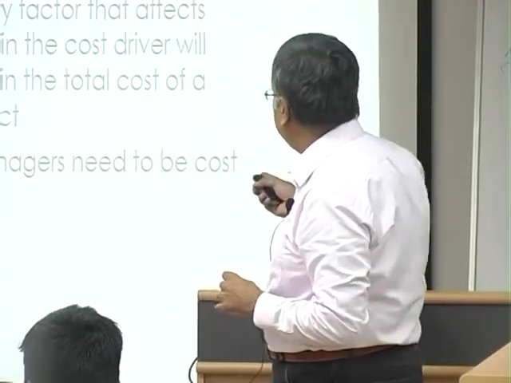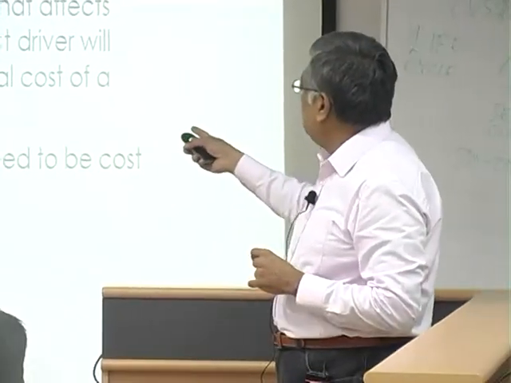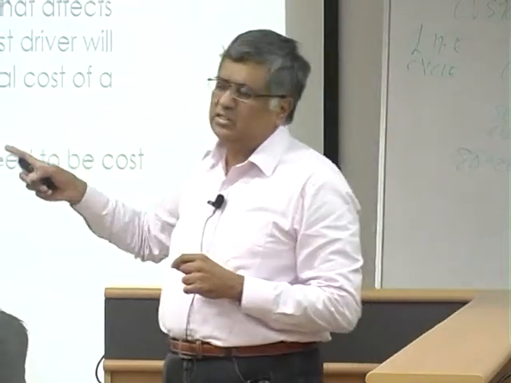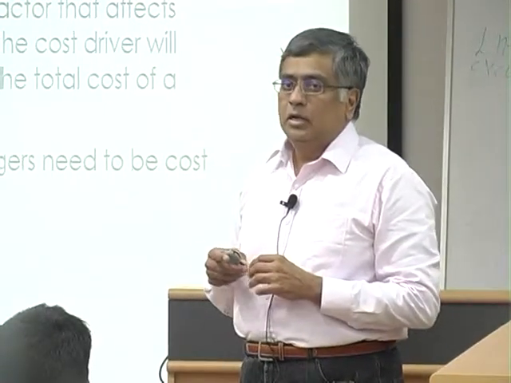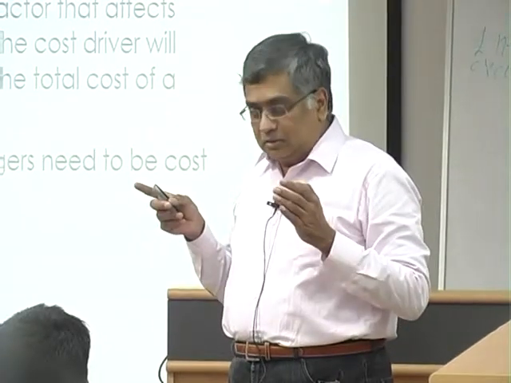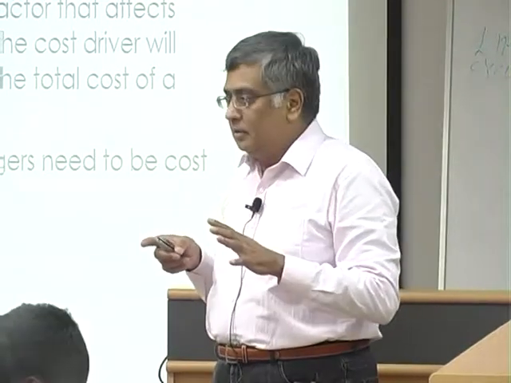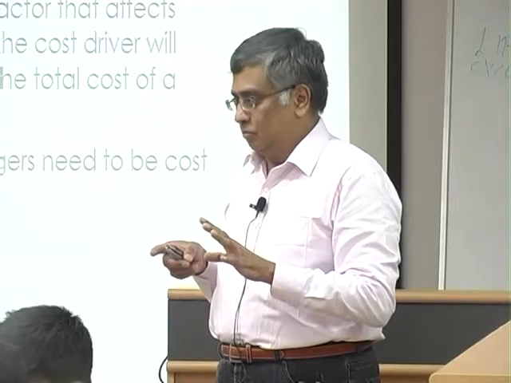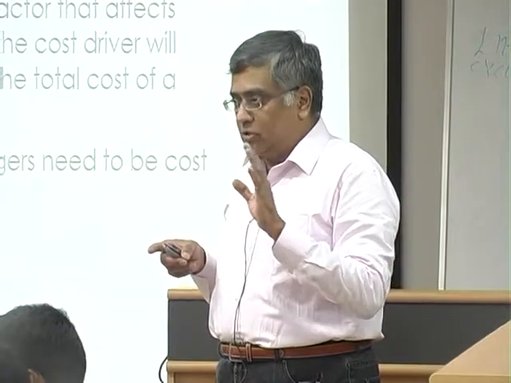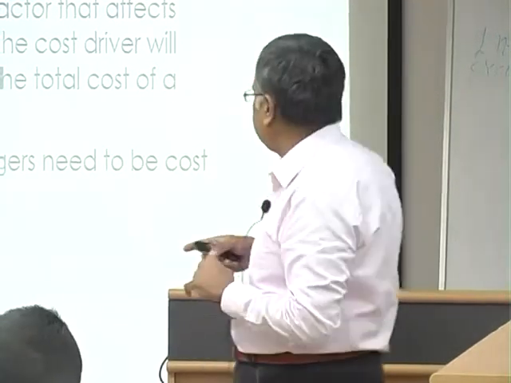That's why it's called a cost driver. A change in the cost driver will cause, actually I like that word change, not a unit increase, because although the examples we see in today's lecture are all linear, there can be a non-linear behavior too. Okay, there can be a non-linear behavior between a cost driver and cost as well.